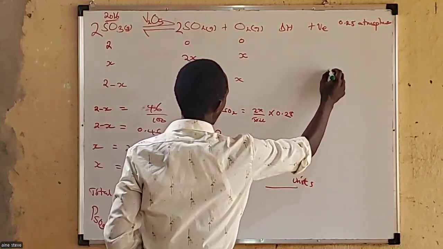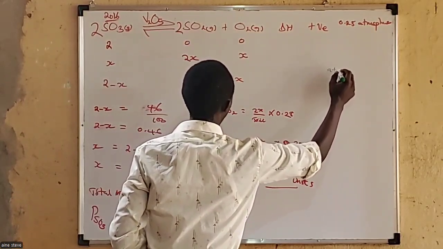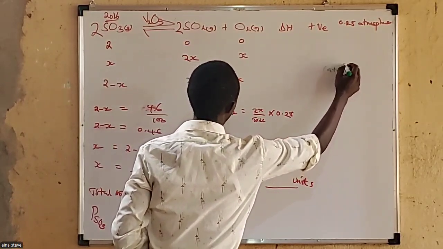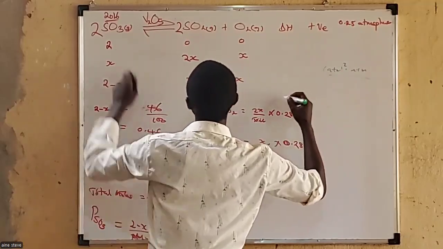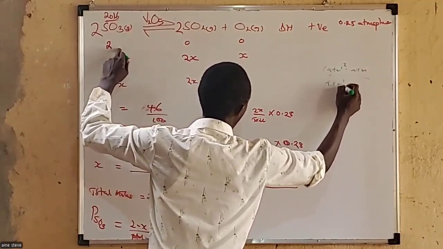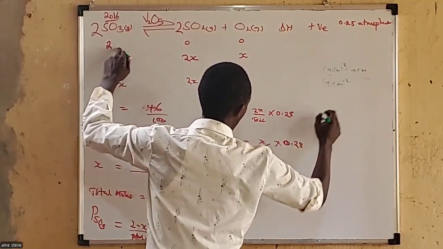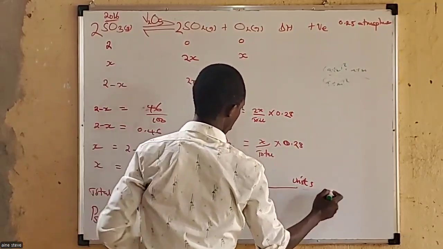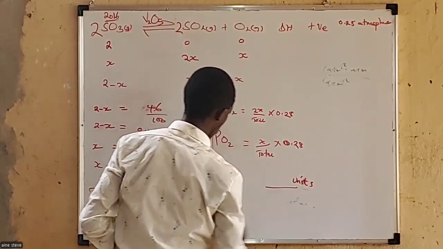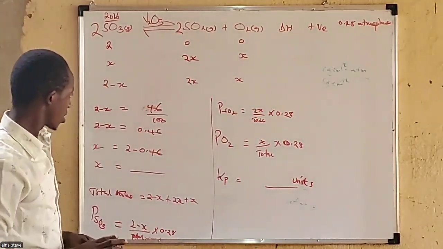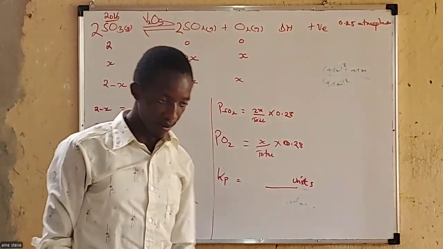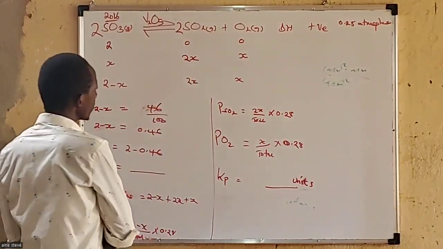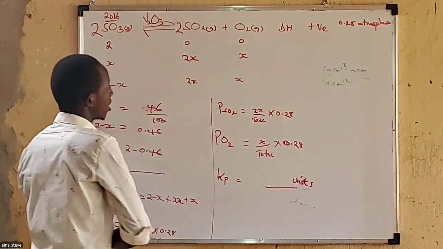So this will be atmosphere squared multiplied by atmosphere divided by atmosphere squared. So you realize that the units here are going to be in atmosphere. So after finishing this, you can substitute and get the answer.